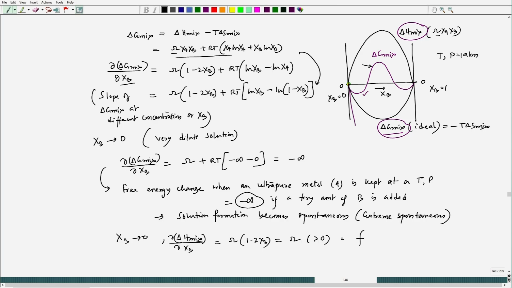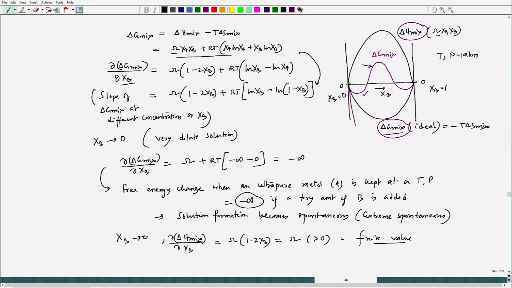So, the change in enthalpy of mixing as we reach towards the pure state is finite, whereas the solution formation ability is decided by the free energy change, which is minus infinity.